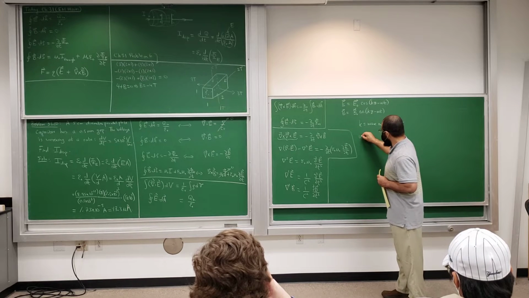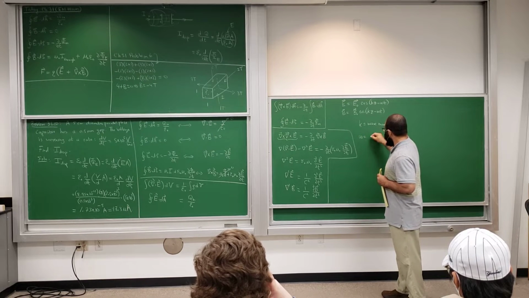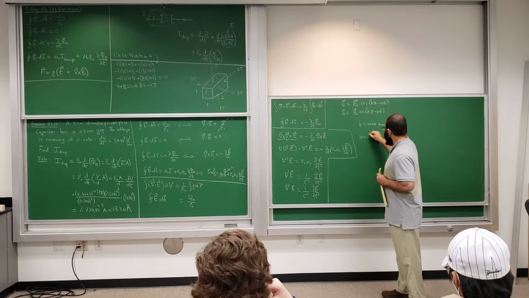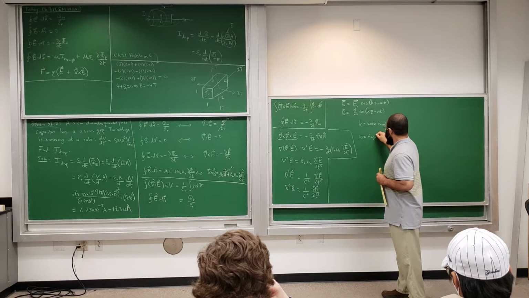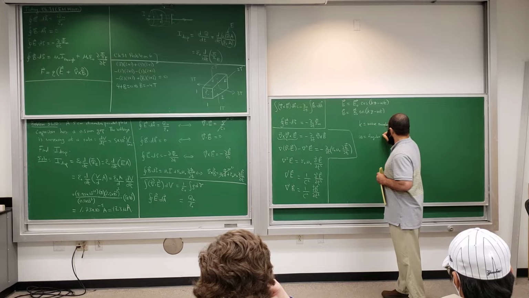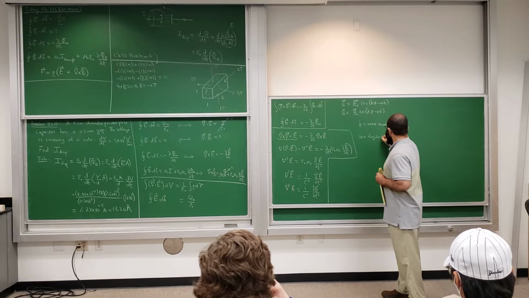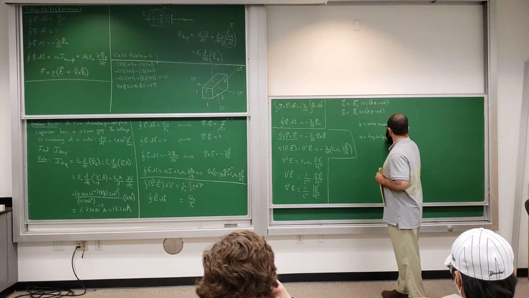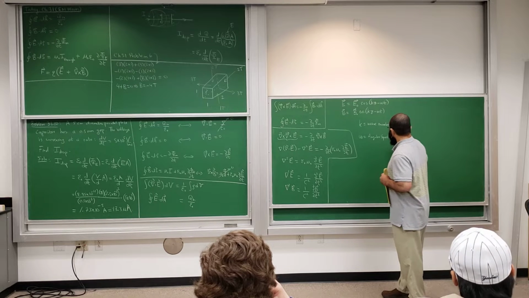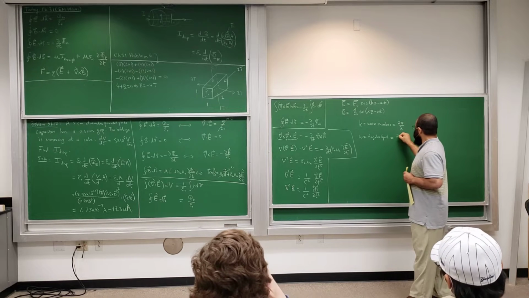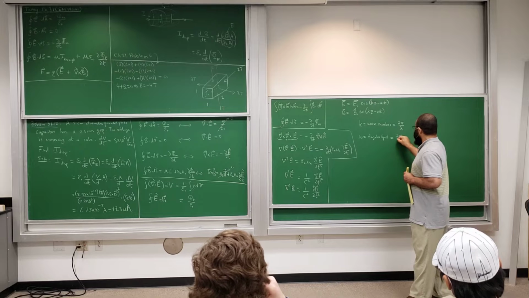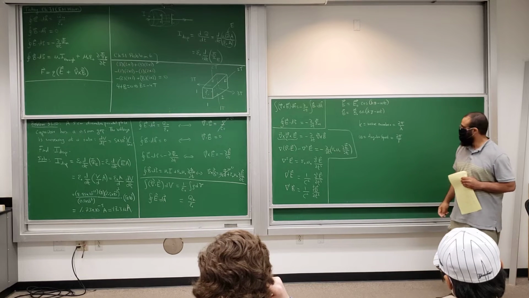Omega is the angular speed, or angular velocity, or the angular frequency sometimes. It's 2 pi over the period.